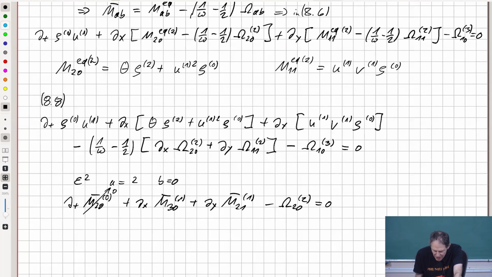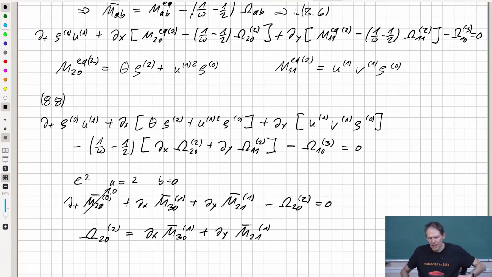So by this we can rewrite, obviously, that omega 20 to second order is equal to dx m30 to first order plus dy m21 to first order.